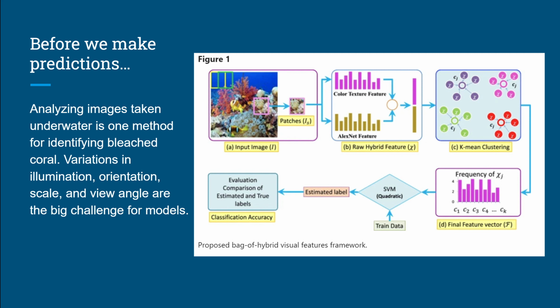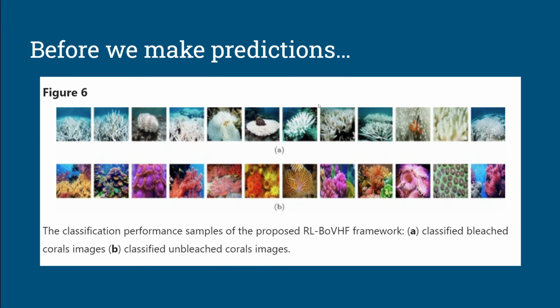I thought it was interesting how the bag of features model can be used to process images, just the way the bag of words that inspired it can be used to process language. Their model performed really well. Here's an example of its output.